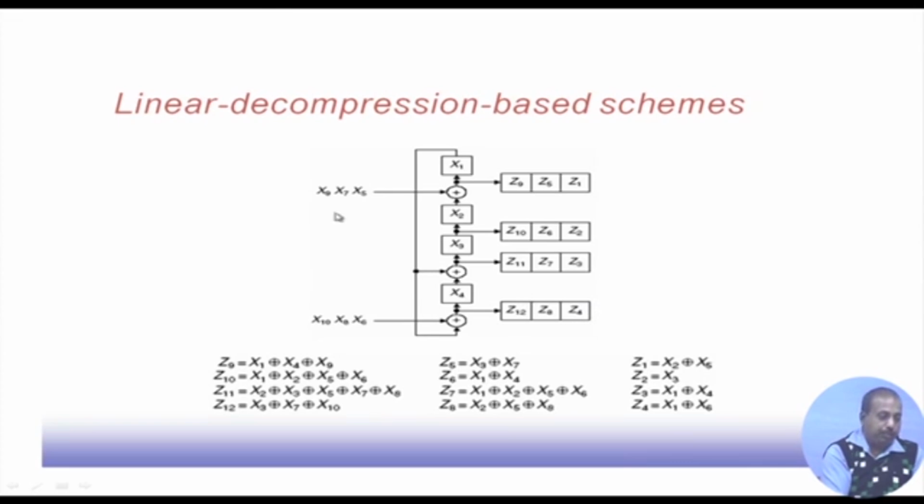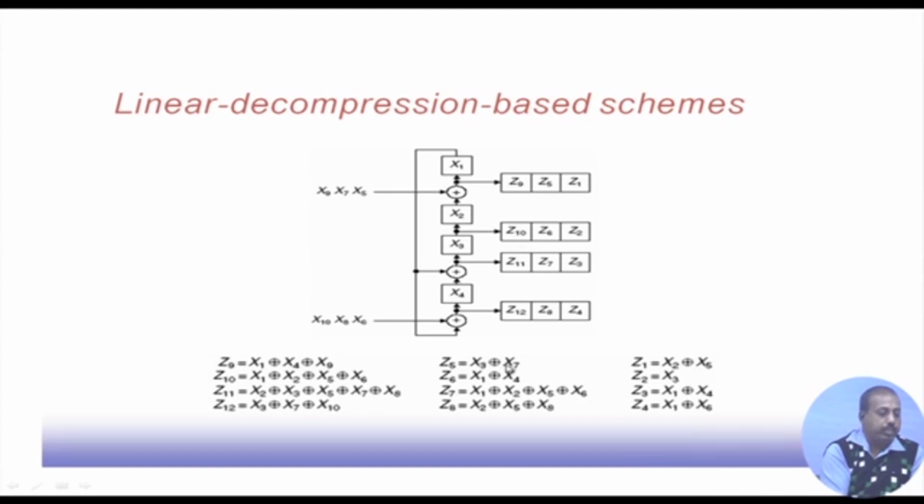Then after one cycle, x7 will come here, x8 will come here, and accordingly Z5, Z6, Z7, Z8 will get computed. But by this time there have been some shifts. If we explore properly, it can be seen that Z5 is x3 XOR x7, because x3 will get shifted up to this point.